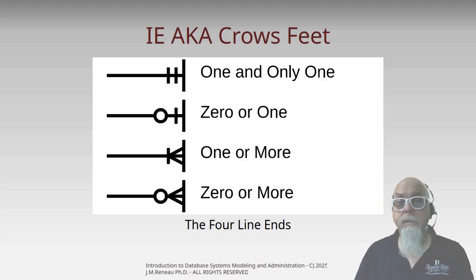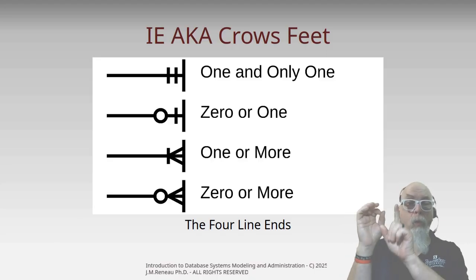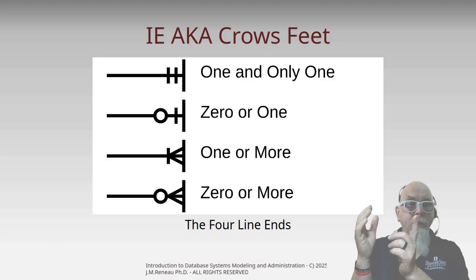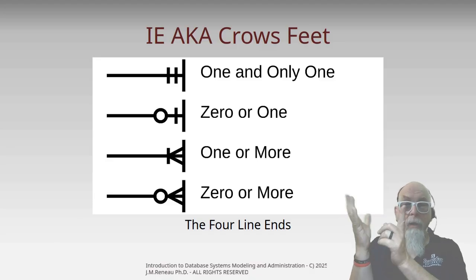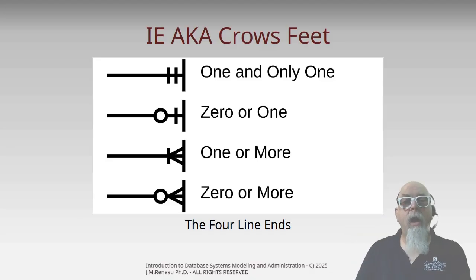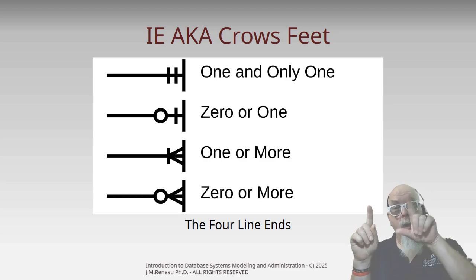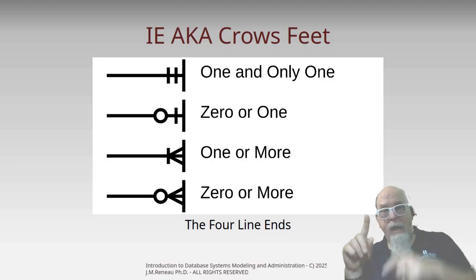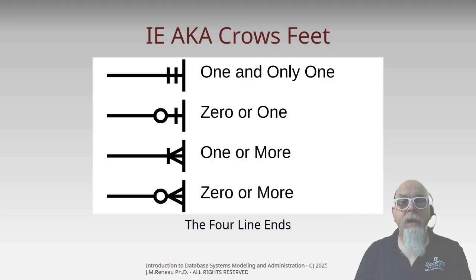The next one says 0 or 1. Well, that kind of makes sense. Look at the shape: 0, 1, 0 or 1. On the third shape, it's 1 or more with the greater than symbol. So you can see that it represents 1 or more.